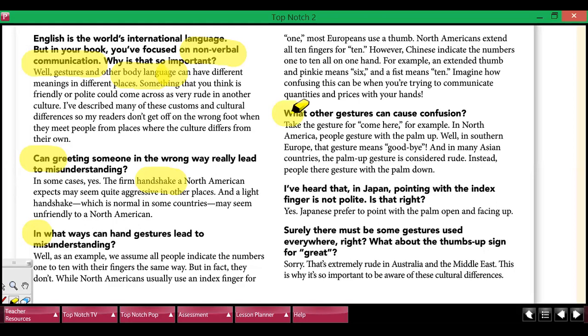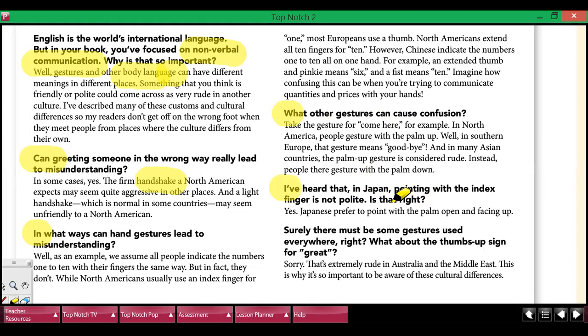Continue with what other gestures can cause confusion. Take the gesture for come here.